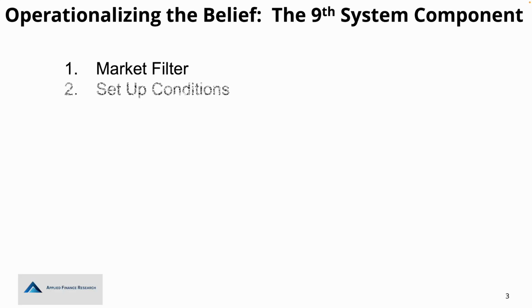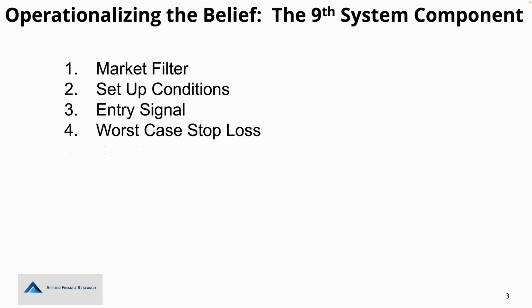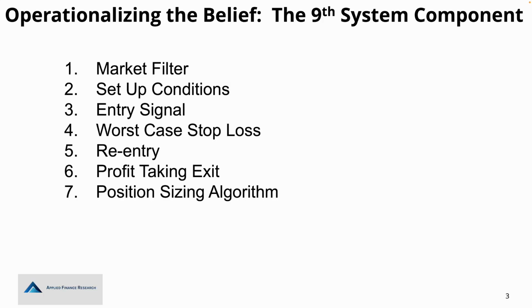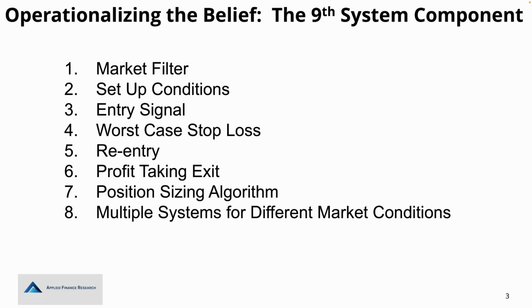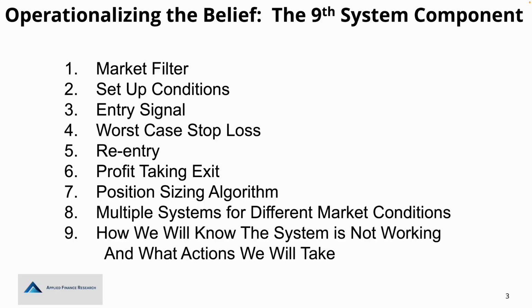As you know, they're market filter, setup conditions, entry signal, worst case stop loss, re-entry, profit taking, a position sizing algorithm, and having multiple systems for different market conditions. The 9th component that I add to all of the systems I build, trade, and teach is having rules for how we will know the system is not working and what actions we will take.